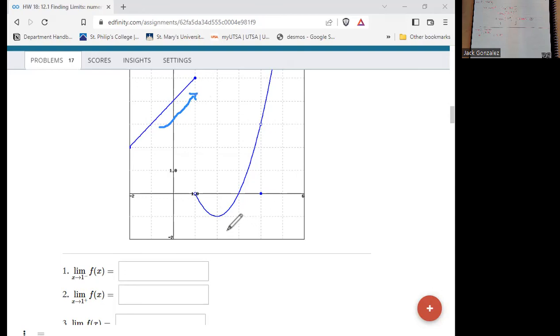From the right side, we're approaching this direction. So the limit from the left is actually going to be 2, 3, 4, 5, right? From the right, it's going to be 0. So we're talking about what is the functional value, the y value. Since they are not the same, you would say the overall limit does not exist.